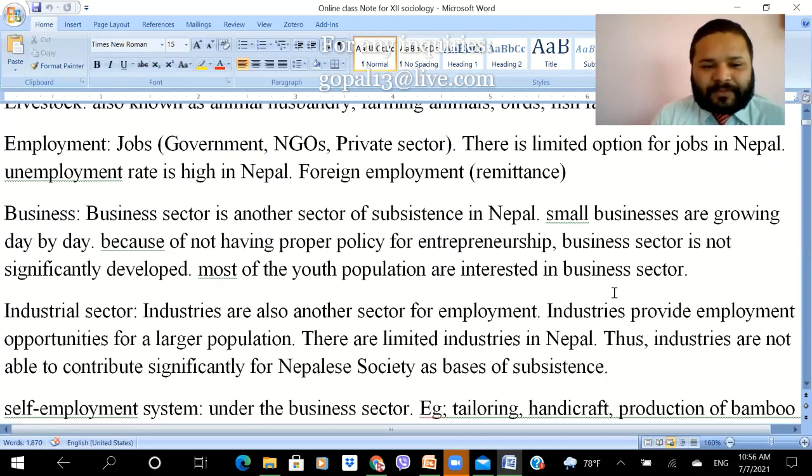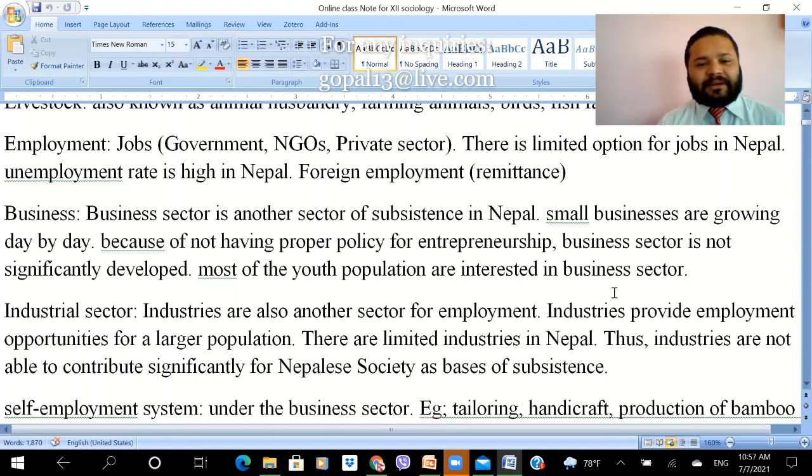So yeah, this is the condition of the industrial sector. It is also very important to ensure employment for the people of society, and it ensures the prosperity of the nation, right?